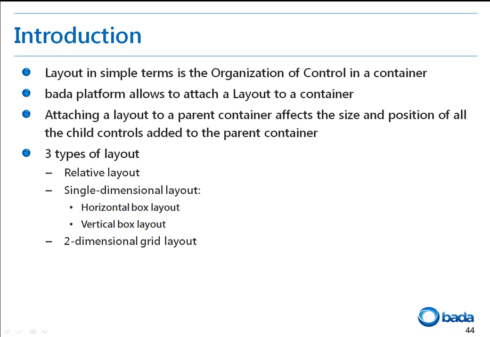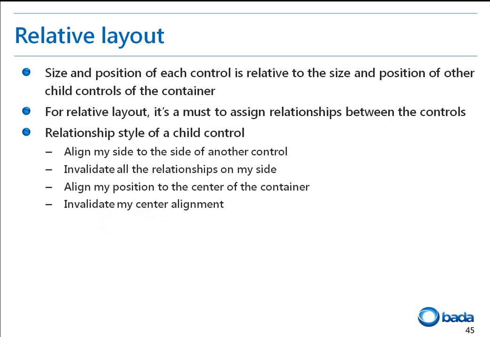We can specify layouts in either a single dimension, i.e. horizontal or vertical, or two-dimensional, i.e. a grid, and even in relative terms. We'll discuss these one by one here. Using the relative layout item causes each control's size and position to affect the size and position of the other controls added to the container.